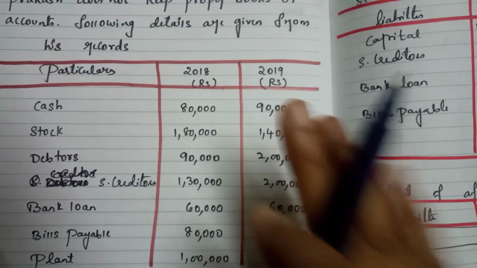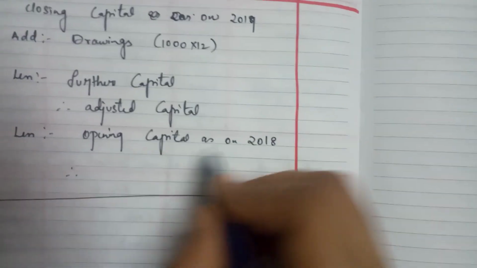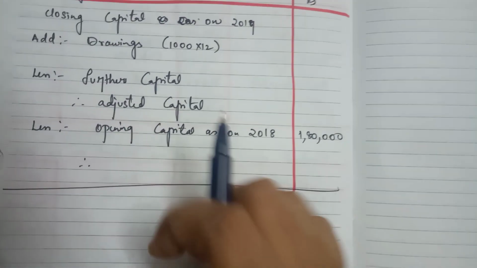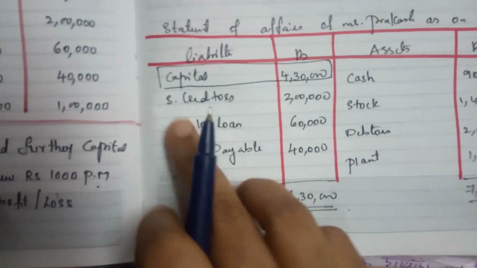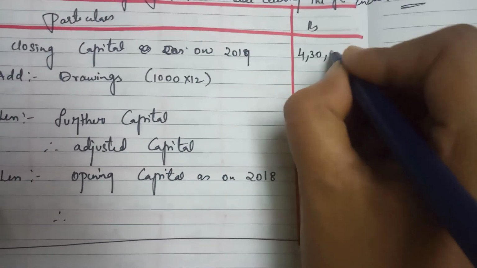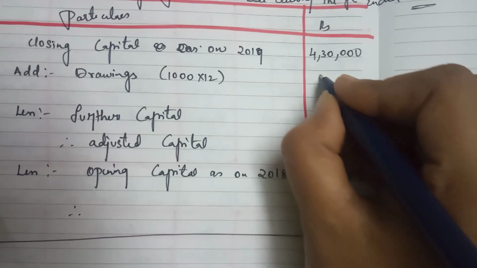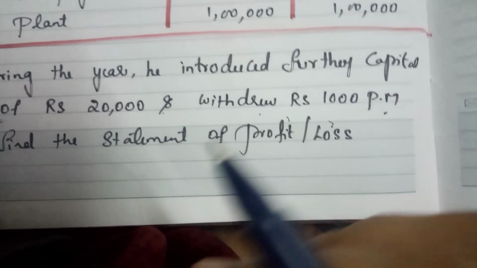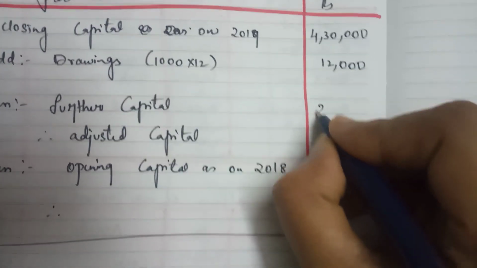So already I found out the opening capital, 1,80,000. So I'm going to post here opening capital 1,80,000. And next I have closing capital 4,30,000. So I know drawings are 12,000. So further capital, how much did they give in the question? 20,000.